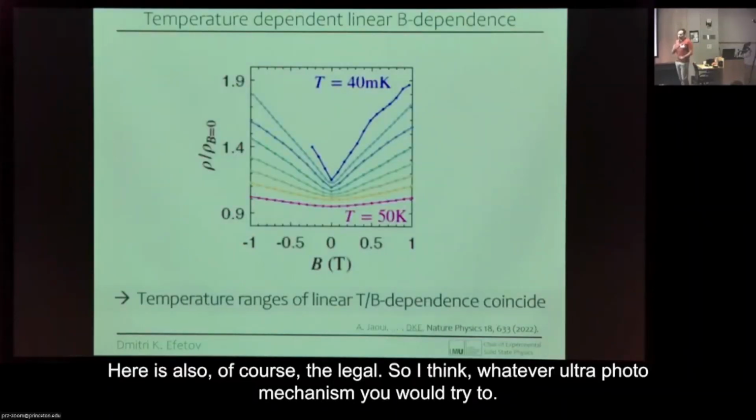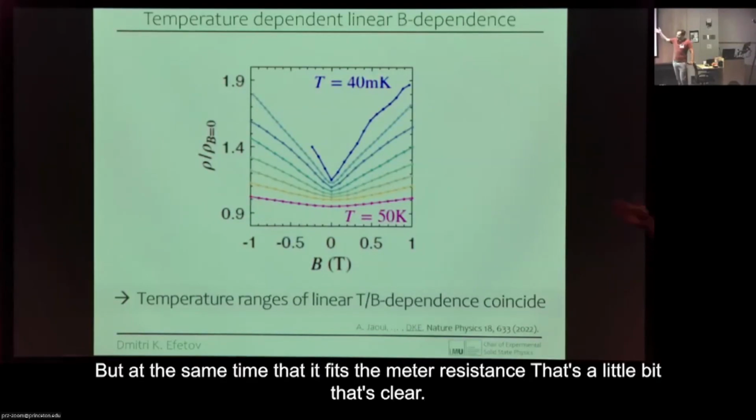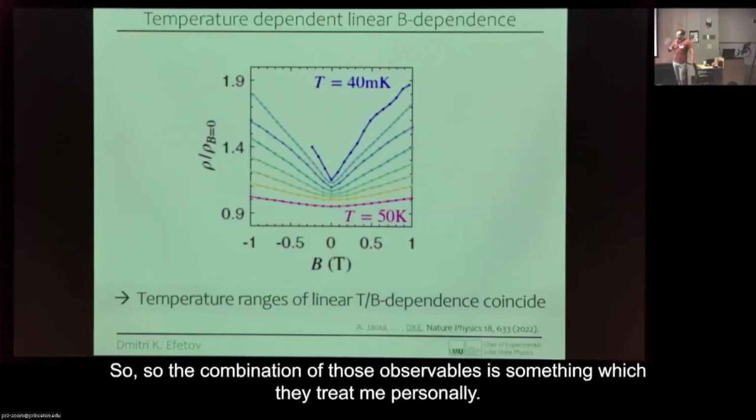Whatever electron-phonon mechanism you try to assume here, you can probably find something which fits the linear temperature dependence, but that it also fits the magnetoresistance is a little bit less clear. Electron-phonon should not couple to magnetic field so much. So the combination of those observables is what intrigued me personally the most.